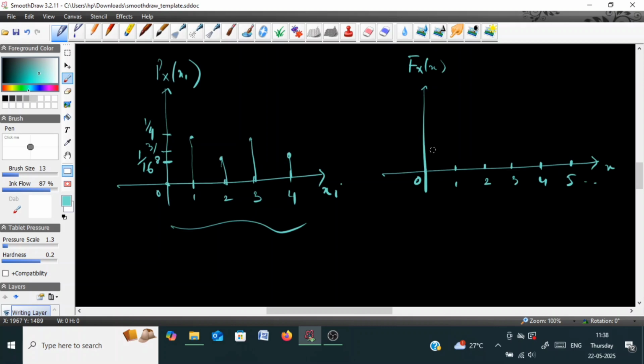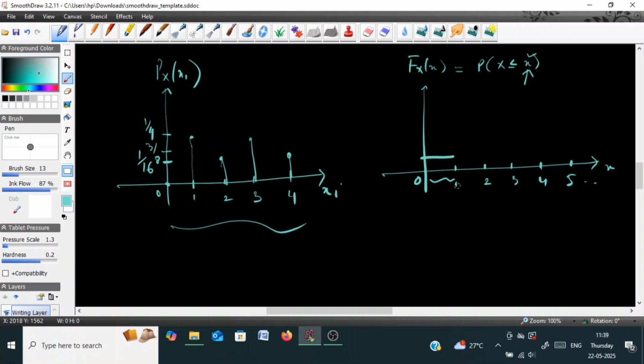Now F of x is the probability of X less than or equal to x. So when I take x equal to 0, the probability of the random variable getting a value less than 0 is definitely 0. Okay. When x is any value between 0 and 1, the probability will be the same as the probability of 0. So it will be 1 by 16.